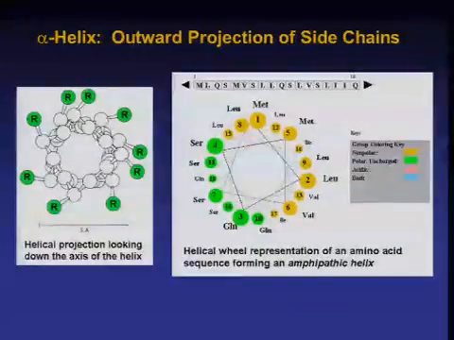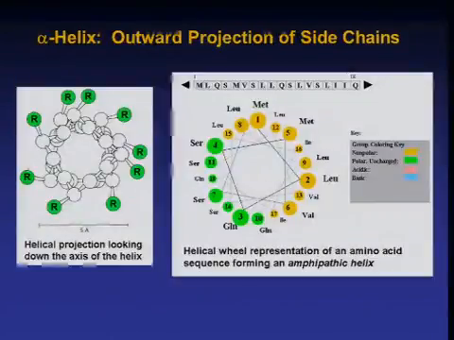So this amphipathic helix then allows you to see how you can take, as you're building three-dimensional structure, right? Let's take a step back. If you've got DNA and it has a particular sequence, that particular sequence codes for a linear polymer of amino acids.